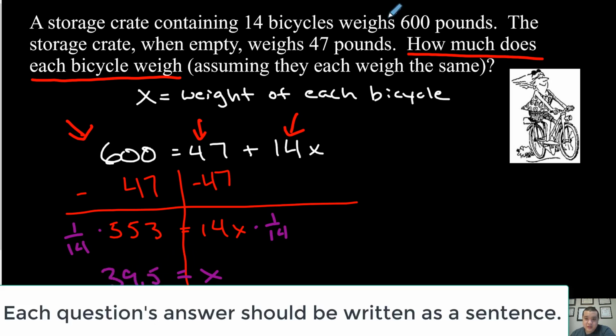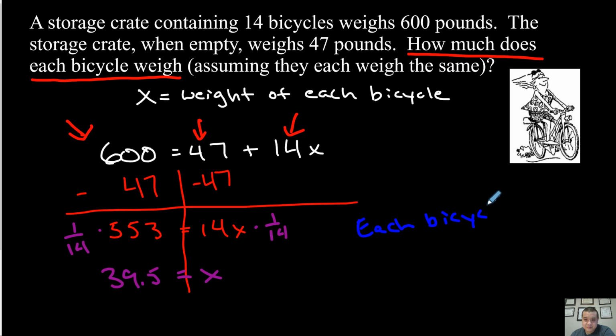So as a sentence, each bicycle weighs 39.5 pounds.